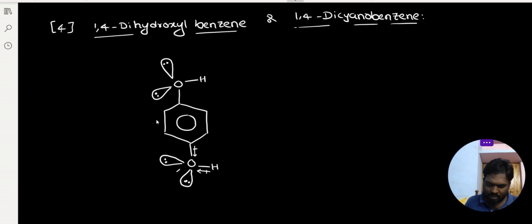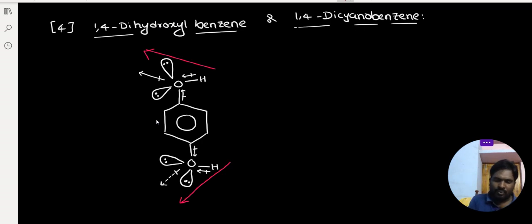Two lone pairs, resulting polarity, like here OH bond polarity, CO bond polarity, resulting bond polarity working like this. Anyhow, the resulting dipoles are not cancelled.